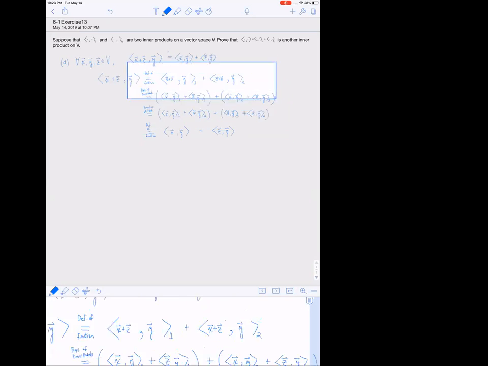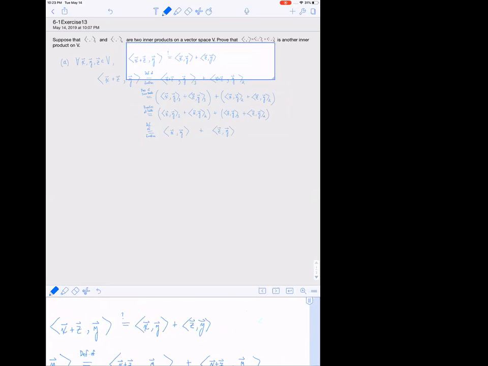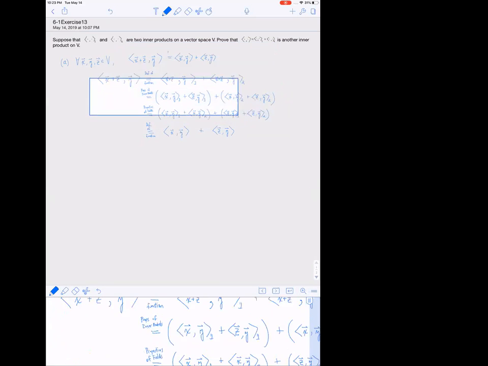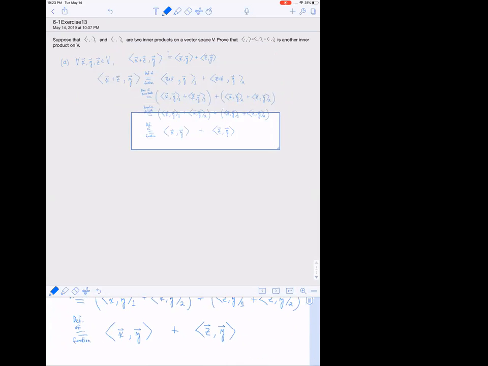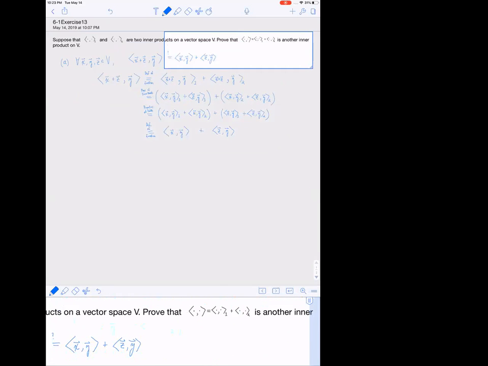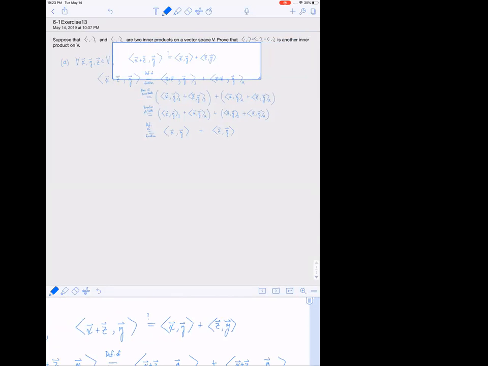But that's exactly what we wanted to show, that if we use this bracket with a sum on the left and a vector on the right, it was the same as a sum of brackets, the first summand on the left and the same entry on the right, and then the second summand on the left and the same entry on the right. That's what we have. x plus z combined with y is the same as x combined with y plus z combined with y. So whenever this function is defined as a sum of 2 inner products, it satisfies the first condition of itself being an inner product.